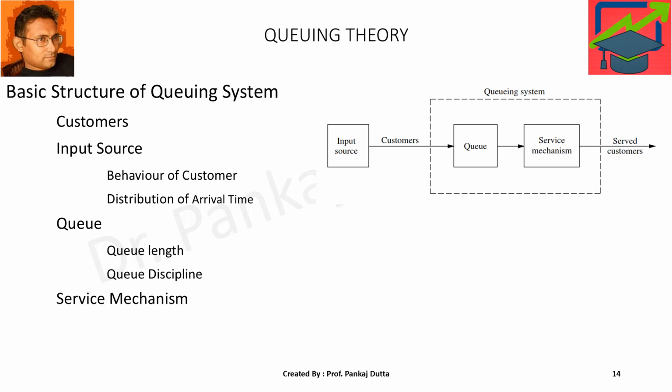The other thing that determines the service mechanism is the number of phases the customers need to go through to complete the service. To understand the difference, think of the service mechanism in a toll plaza and in a hospital. In a toll plaza, a person needs to make a payment at a single point and continue the journey. But in a hospital, one needs to go through a number of phases.